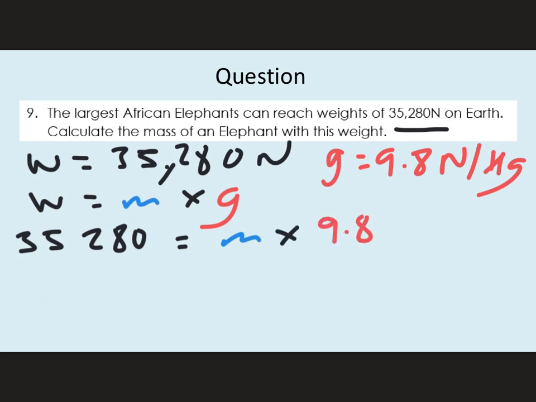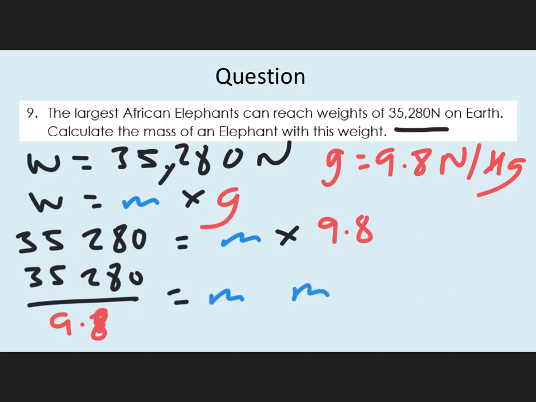Doing the rearrangement, I get 35,280 over 9.8 is then equal to M. My mass will equal, I just need to put that number into my calculator. So my mass here equals 3,600 kilograms.